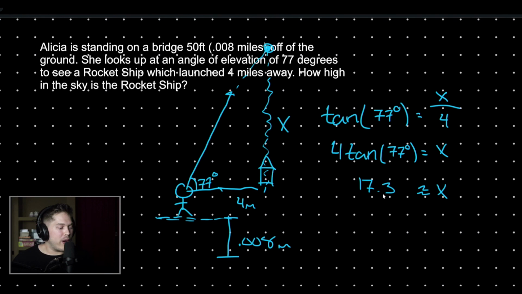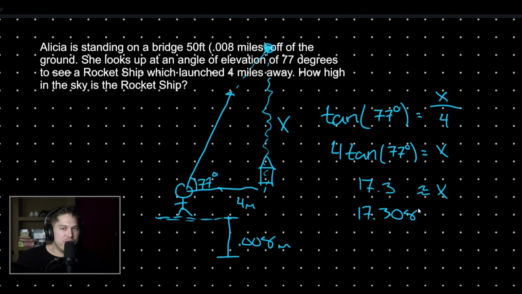Well, no, we're not quite done, because we were also told that Alicia is 0.008 miles above, she's on a bridge this tall. So we actually need to add that value to our answer. Okay? We need to add that value to our answer to get 17.308. So there we have it. That would be our true answer.